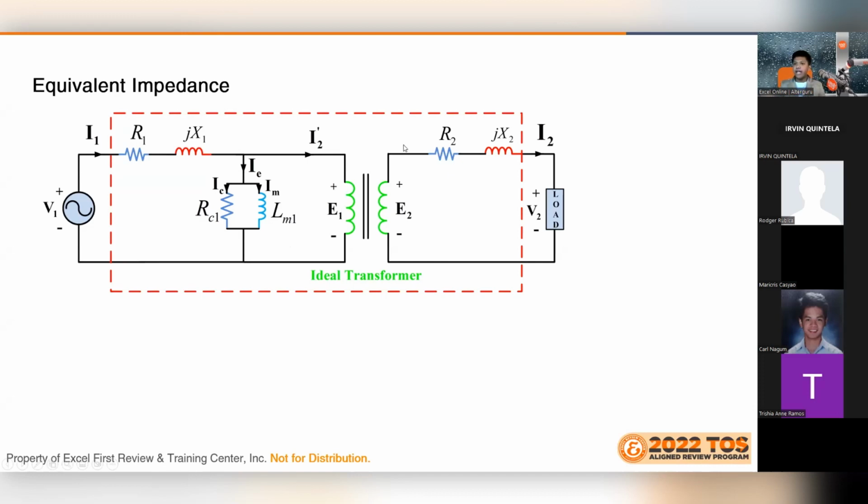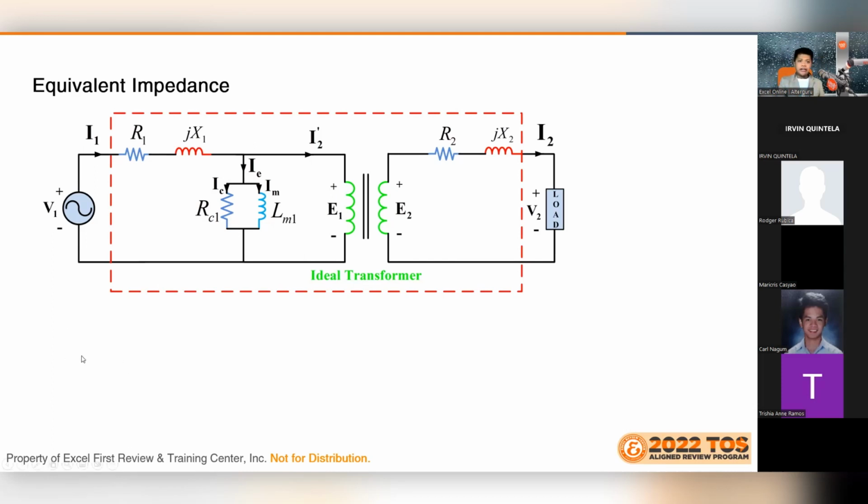This is a circuit of an ideal transformer. And kanina, pagka nag-no load kasi, ang tendency nun is ang makukuha nating current is the current na IE.